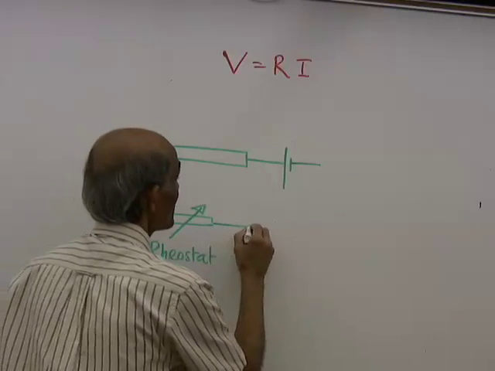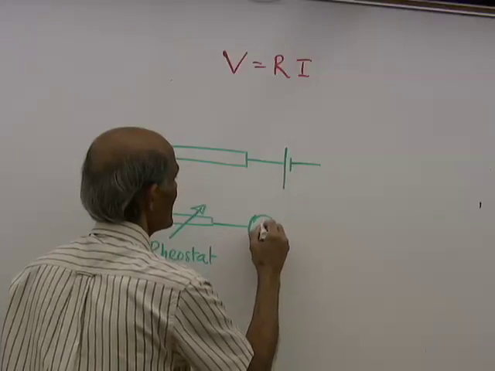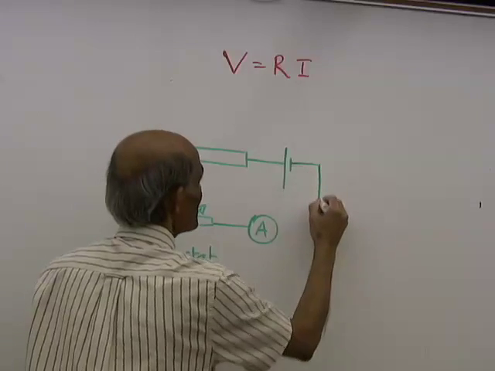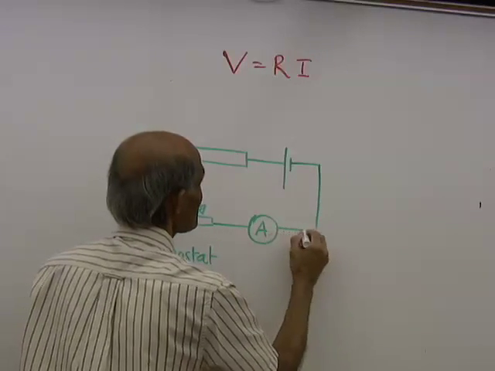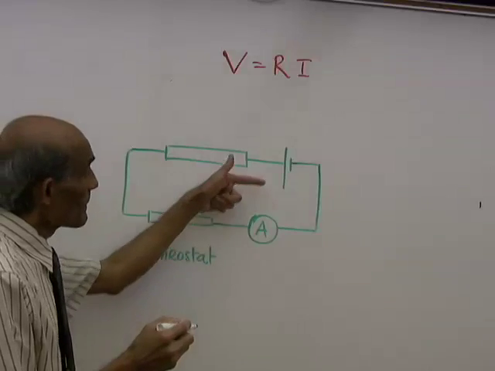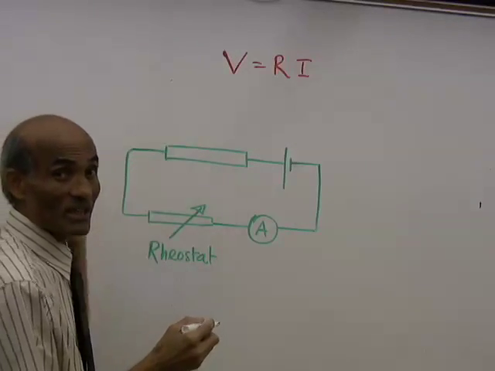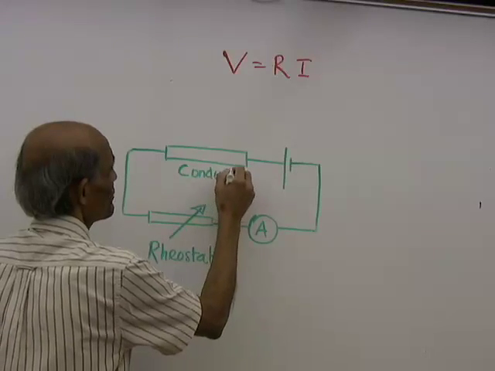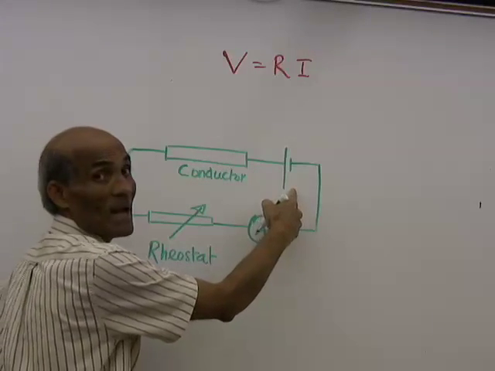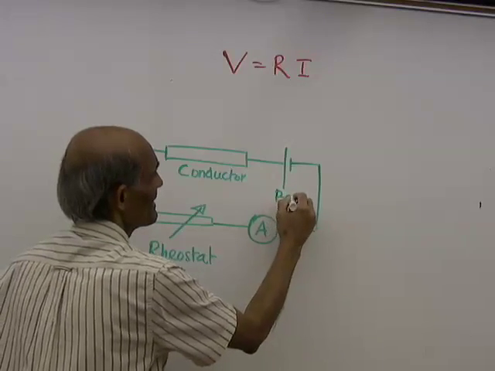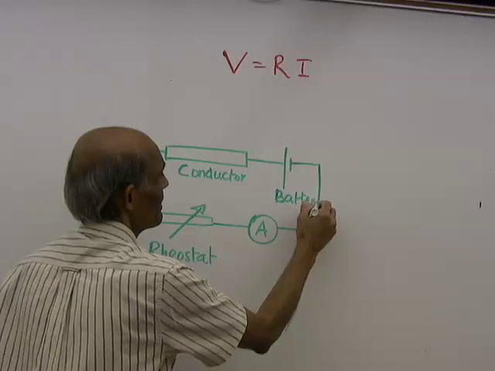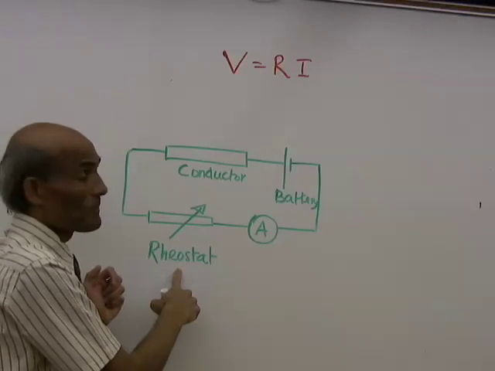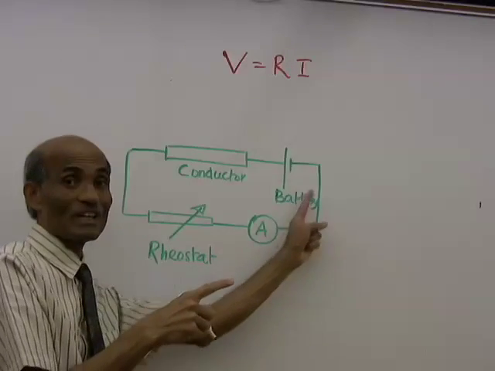And then you connect an ammeter to measure current, and that is the complete series circuit. You see, this is the conductor we are going to use. This is the battery. This is the ammeter. This is the rheostat. That is the series circuit.